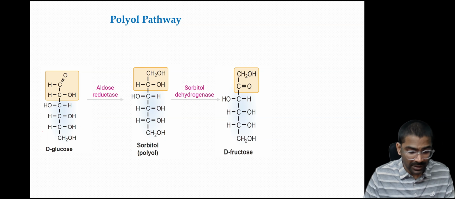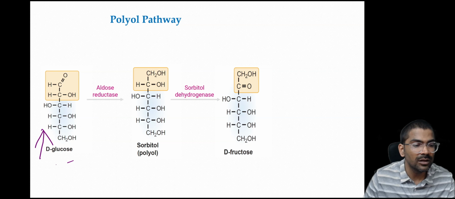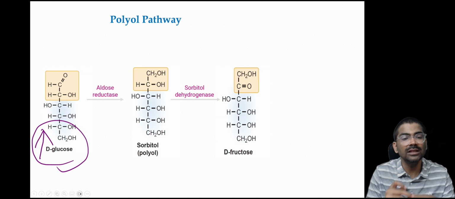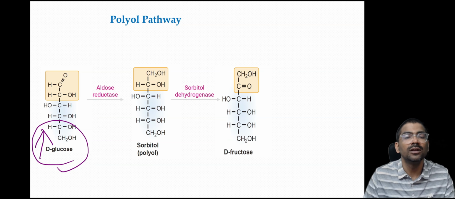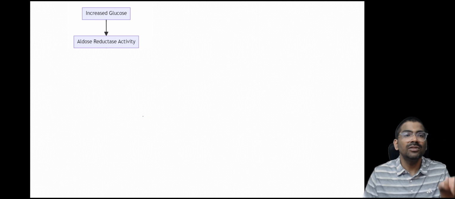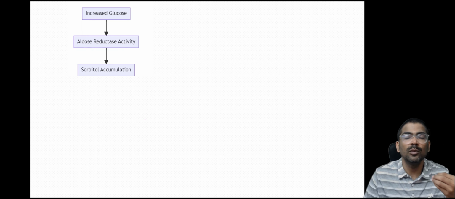What happens in uncontrolled diabetes mellitus? There is increased blood glucose. This increased blood glucose will go to the lens of the eye, right? So there will be more aldose reductase activity and more production of sorbitol.